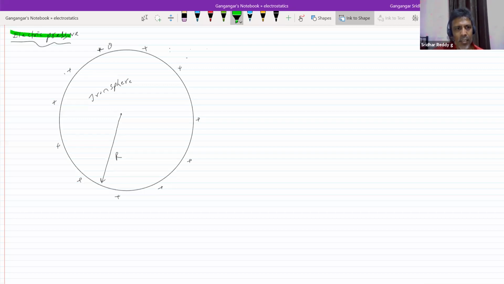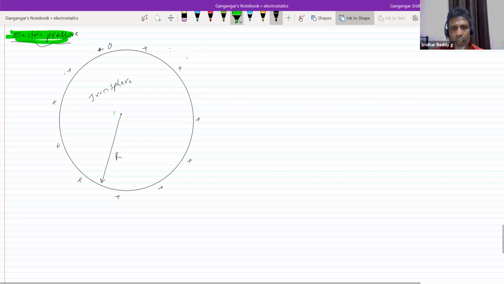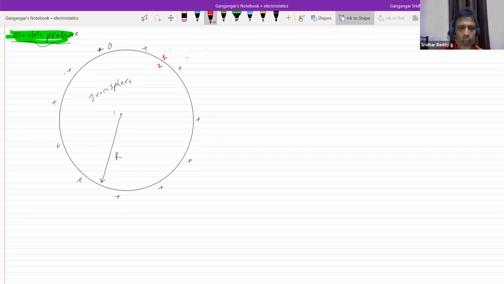See the word pressure. Pressure means what? Force by area. From where is force coming? Let's check that one. What is the field due to conducting surface? Sigma by epsilon naught. So here the same analysis I'm asking you to do. So let this be 1, 2, some symmetric one.